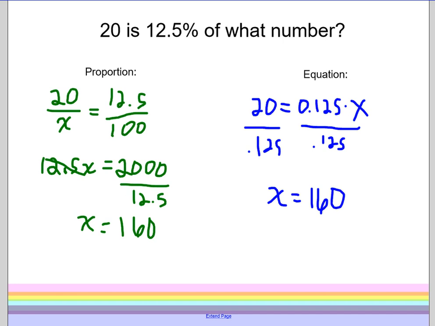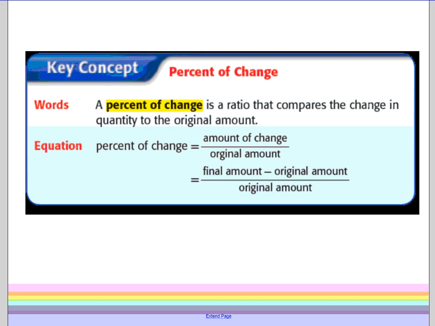Okay, so the last part of our lesson today is just talking about percent of change, which I know we talked about in pre-algebra, but I just wanted to go over it again. So the percent of change is a ratio that compares the change in a quantity to the original amount. So this is when you are marking up prices, or if you are discounting prices, like at a grocery store or at a mall, whatever.